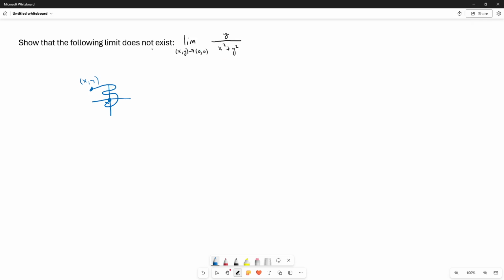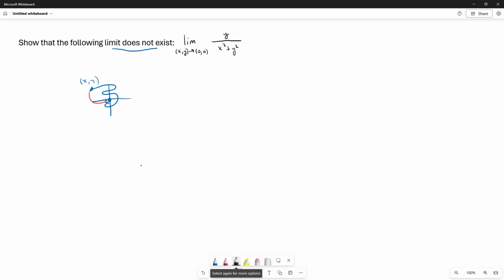So to show that the limit does not exist, we simply need to find two different paths approaching (0, 0), which yield different limits. If there are two paths that yield different limits, then the limit doesn't exist.